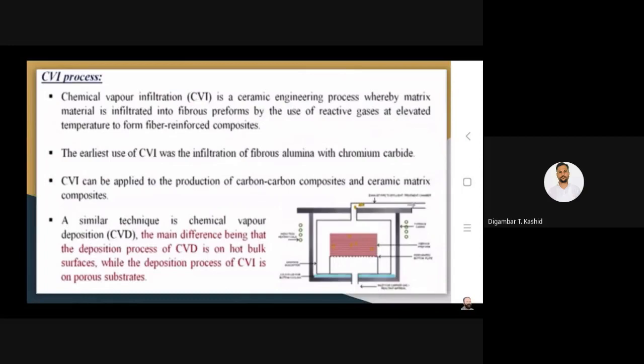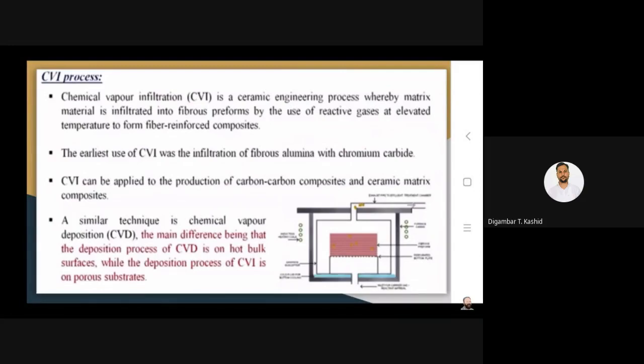From this particular case, you can understand that at the inlet we are putting the chemical carrier gas and the reactant material. Then the carrier gas is going through this fibrous material, and the molecules are reacting inside, and some molecules with the carrier gas are going out.